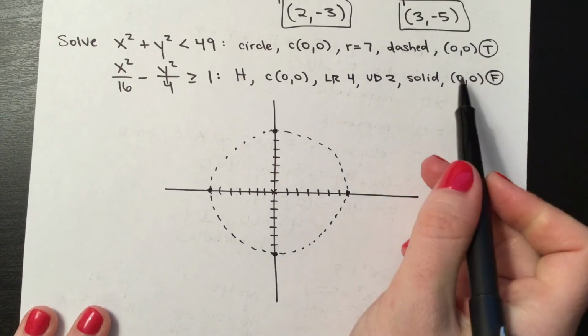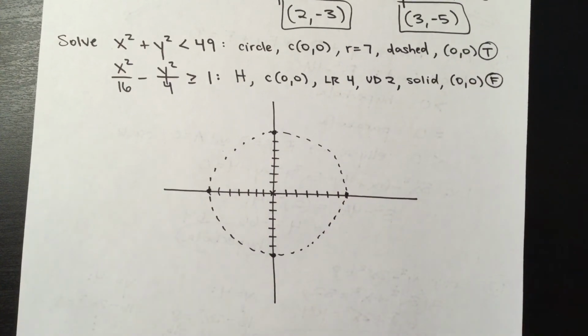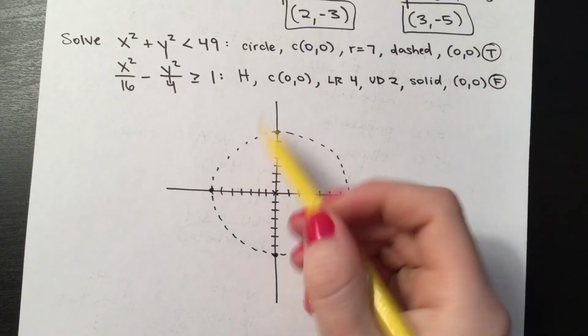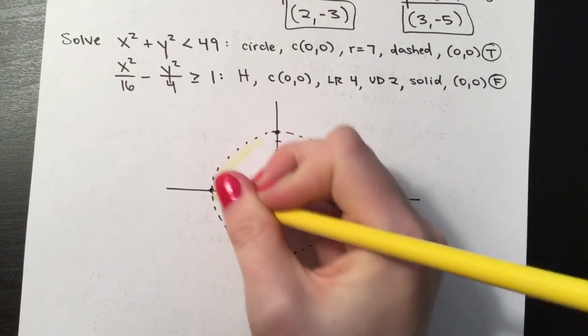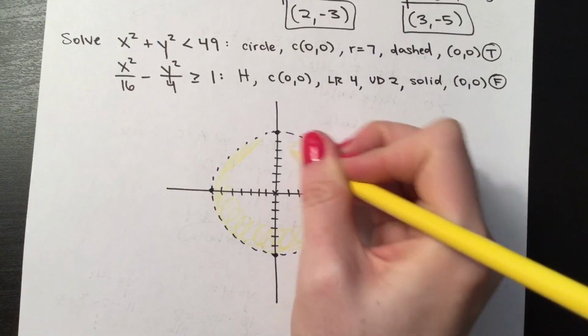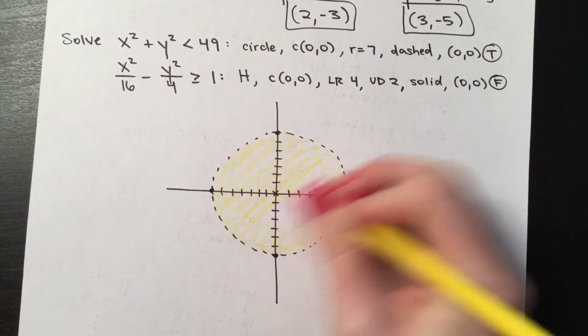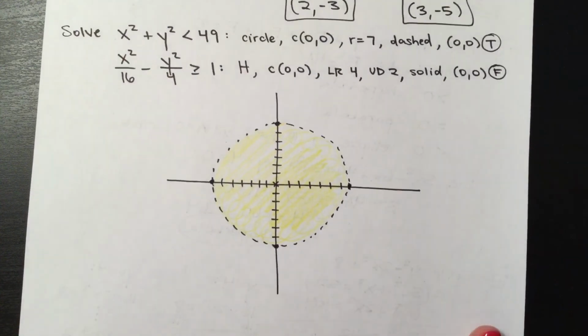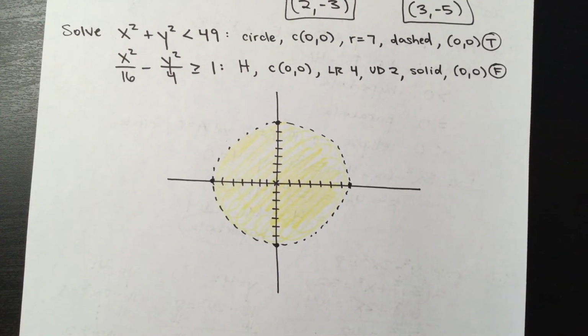Okay, and then the 0, 0 check ended up being true. So what that means is that 0, 0 is part of the shaded region, so I would shade inside my circle. Okay, so we start with that. So that's the first part.